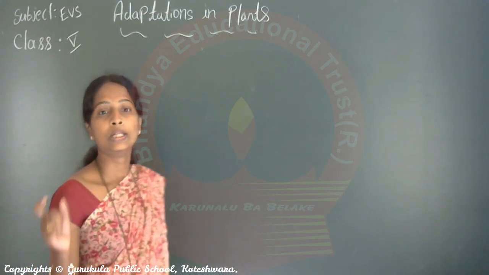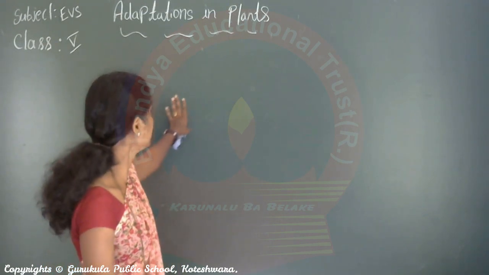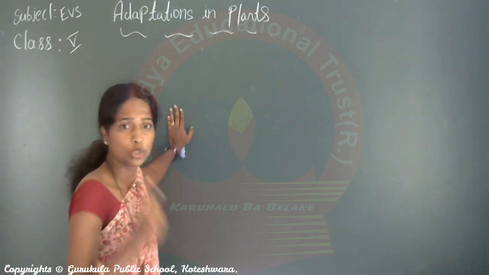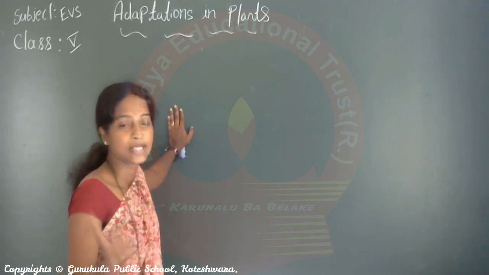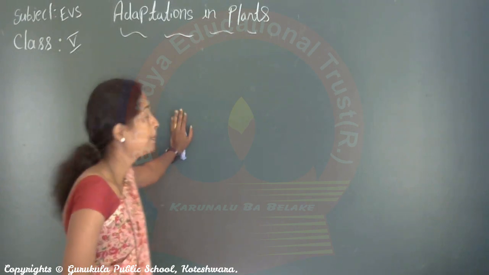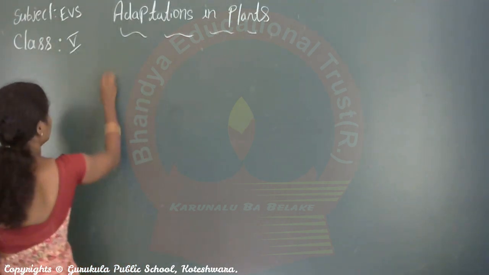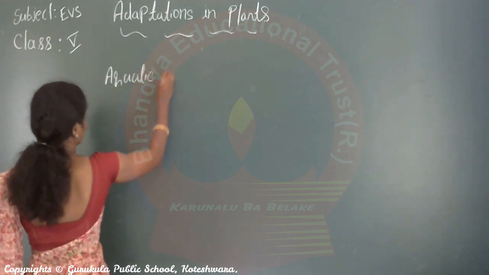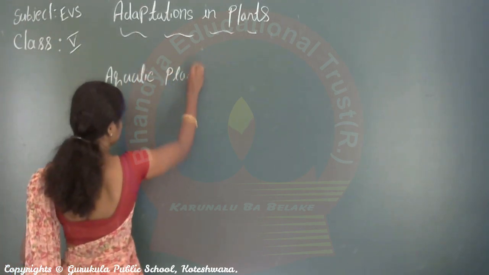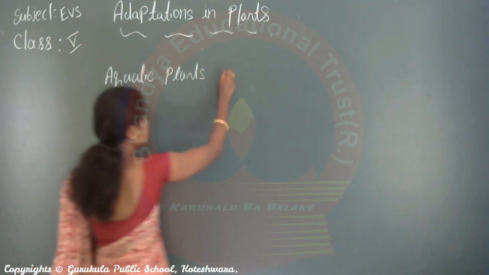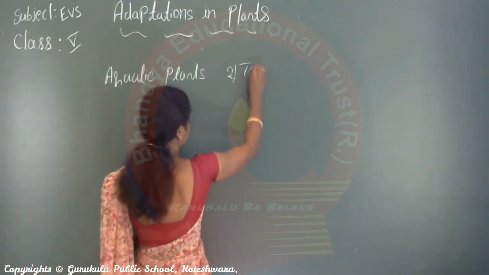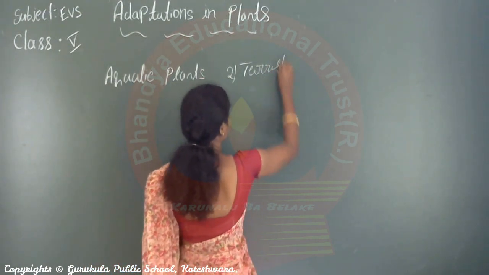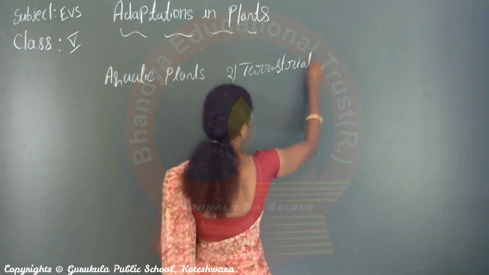Depending on their land forms or adaptation, we have classified two types: aquatic plants and terrestrial plants.